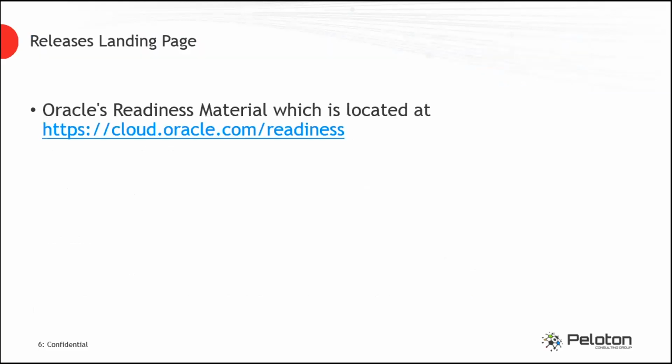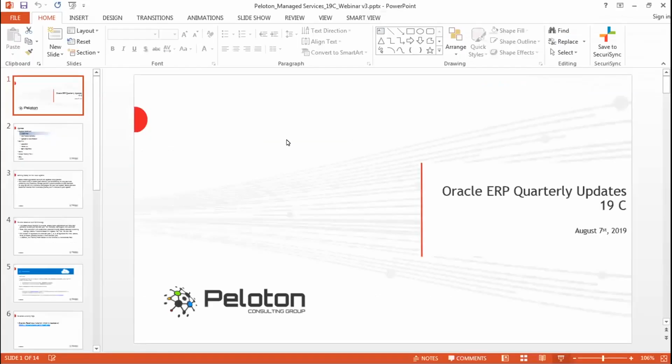So this is the main release landing page. I'm sure people are already familiar with this main landing page, which we covered in our last webinars, but still we'll go through it. I already clicked on this piece.